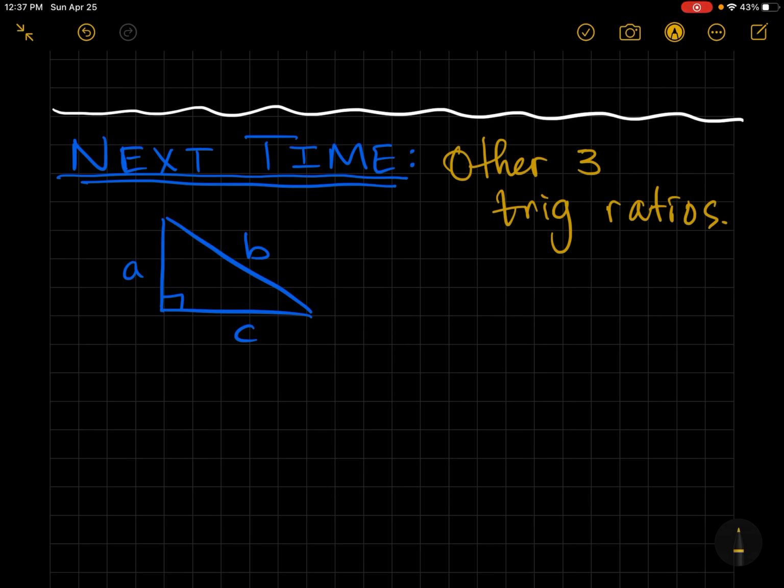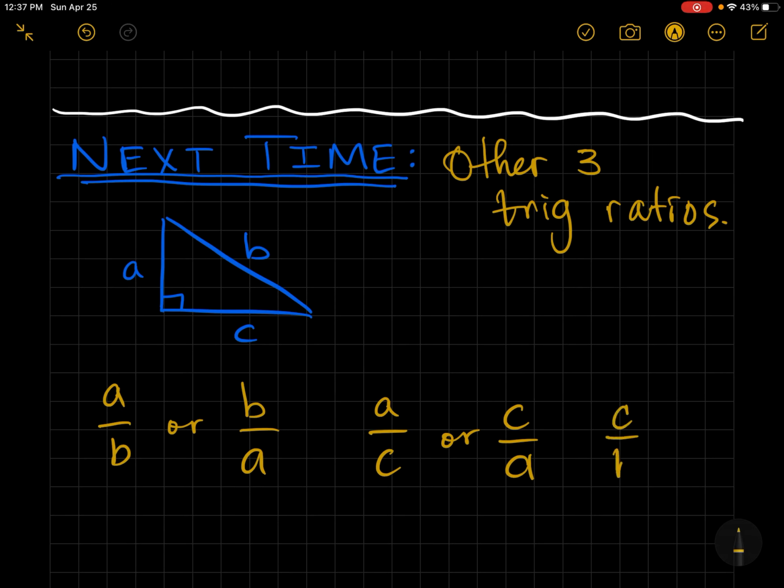So if you think of all the ways I can pick 2, you could put A over B, or you could put B over A. You could do A over C, or you could do C over A. You could do C over B, or B over C. So that's 1, 2, 3, 4, 5, 6 different ways you can compare 2 sides.